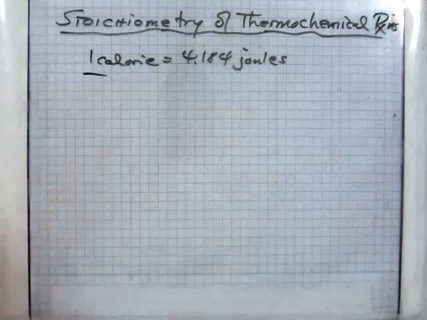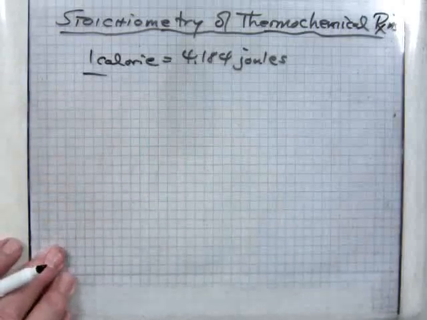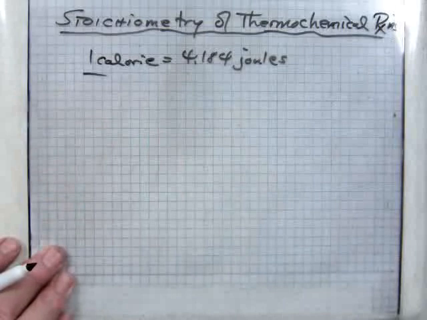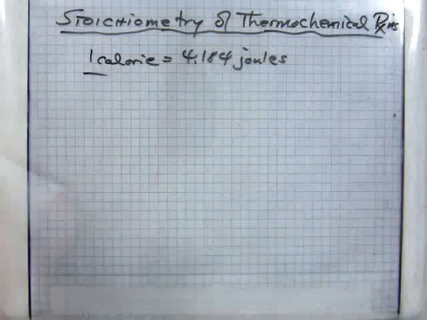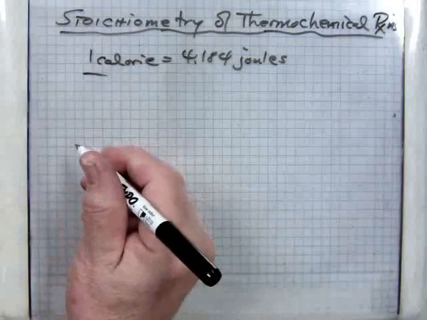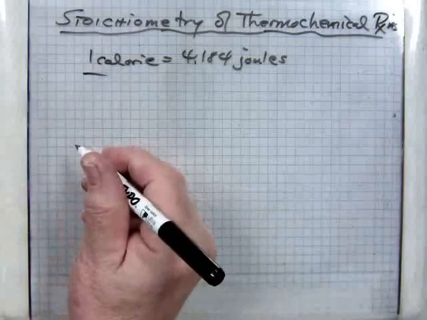Now, the coefficients are proportional to the energy values generated in a chemical reaction. And of course, those coefficients, if necessary, will involve a limiting reagent.